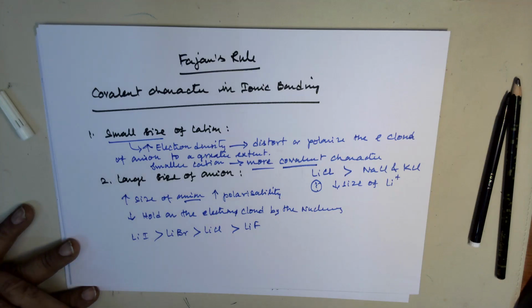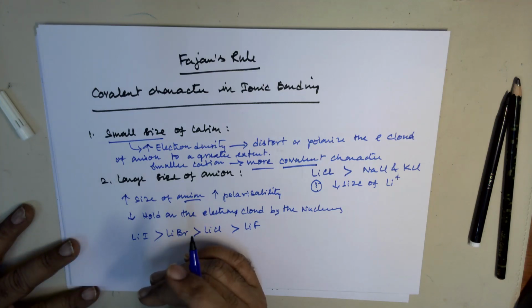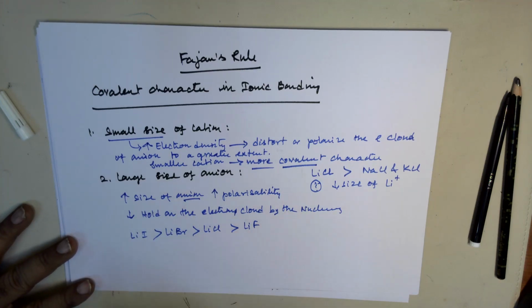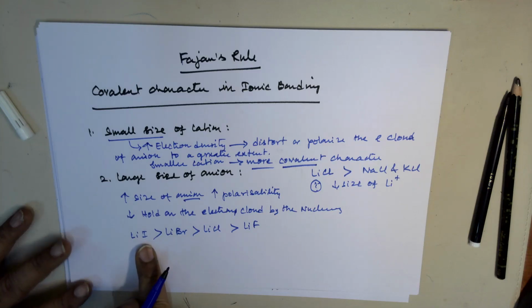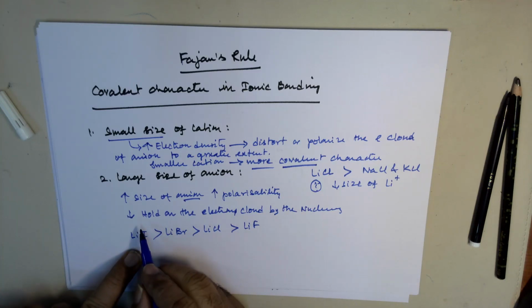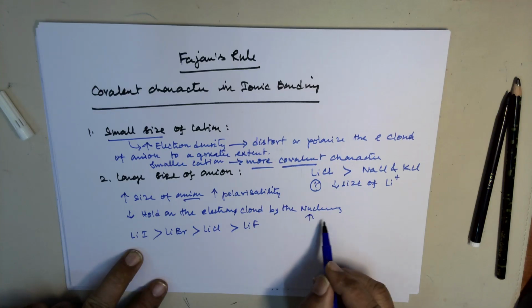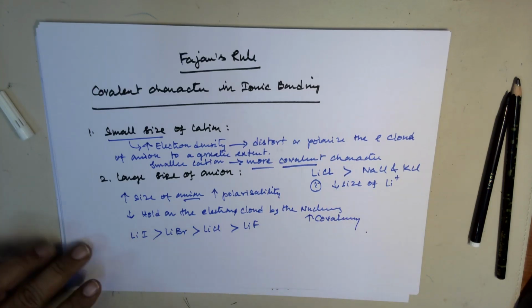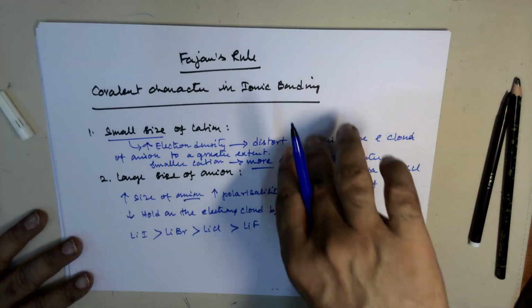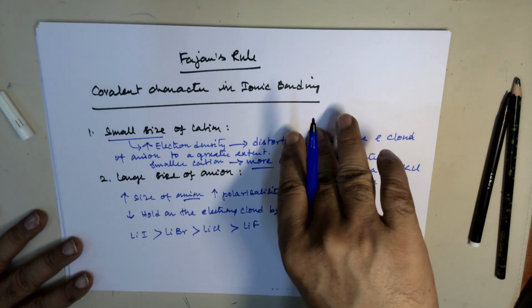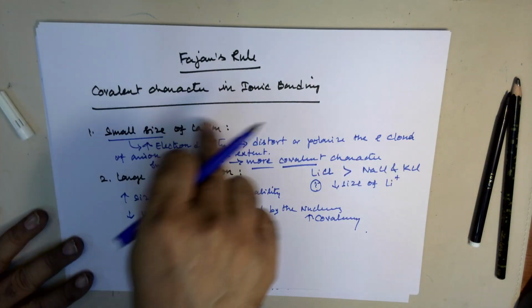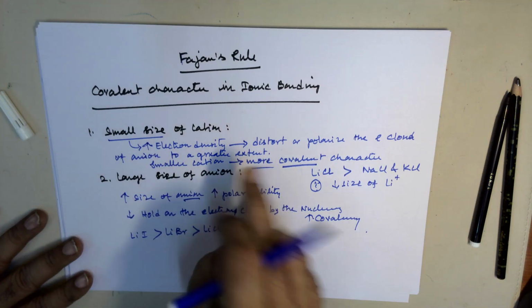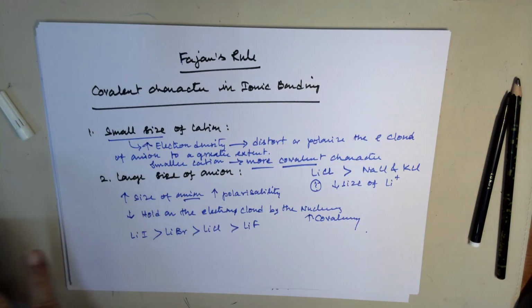So covalent character changes in this way, and it increases the covalency. So in both the cases, there is more covalency because of smaller size of the cation and larger size of the anion. So don't forget these two.